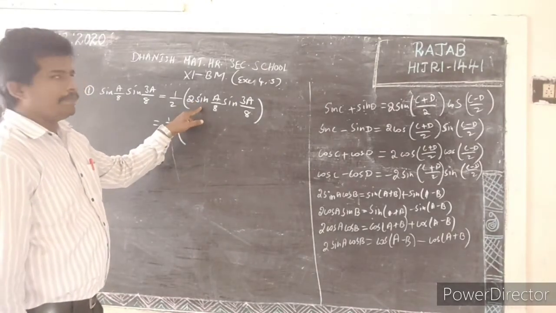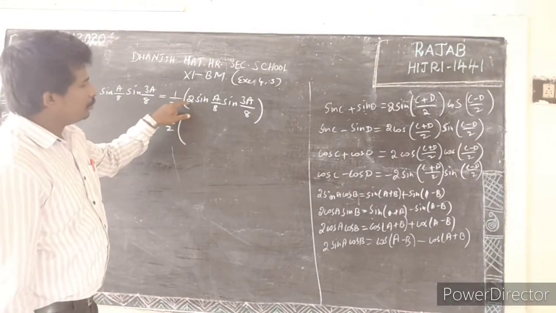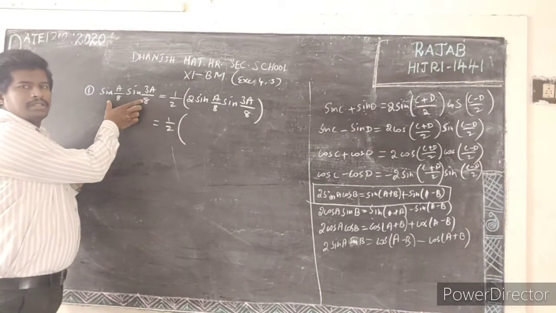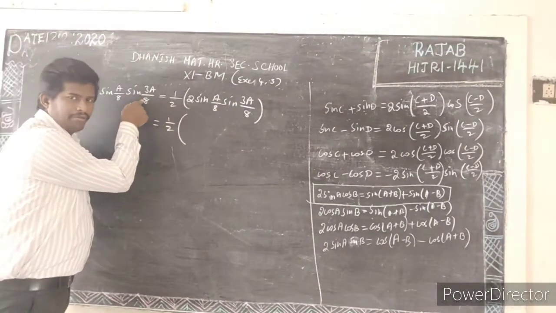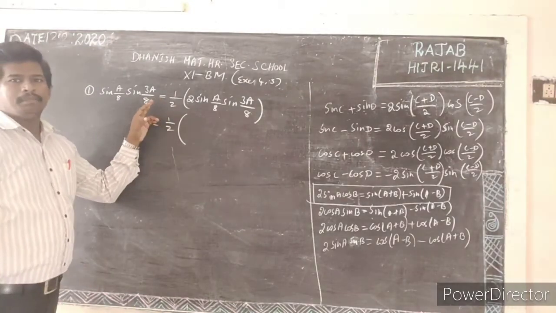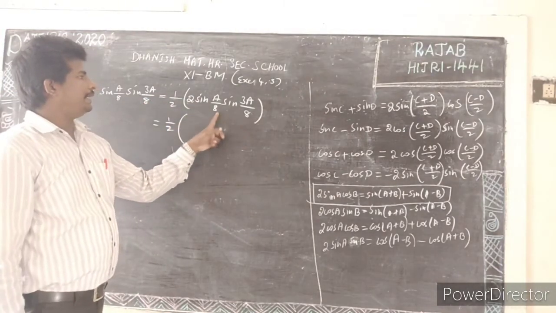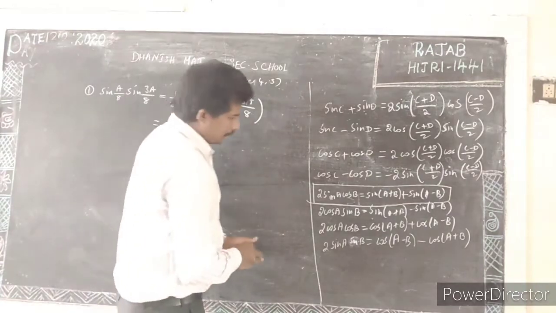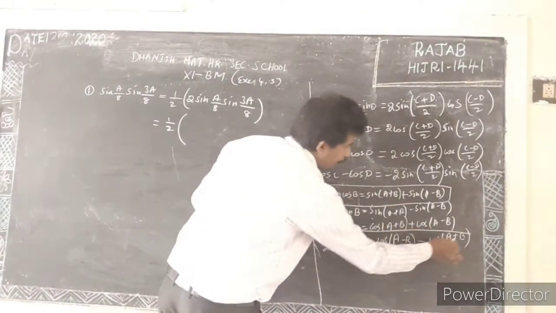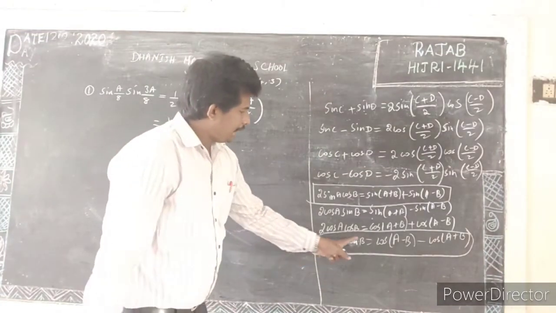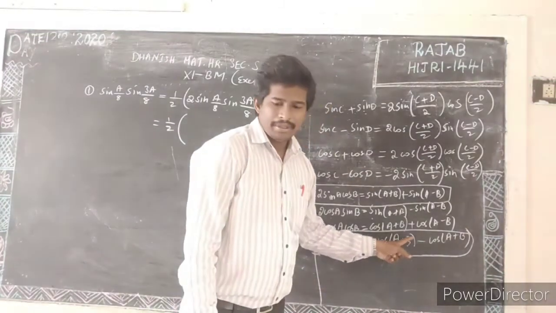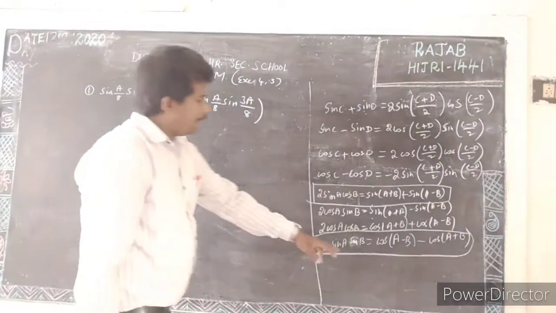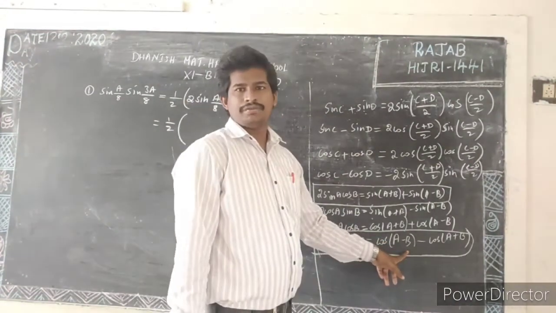This term is of the form 2 sin A sin B. Look at the fourth last formula: 2 sin A sin B equal to cos of A minus B minus cos of A plus B. So here we have the LHS of this formula, so we are going to write the RHS of the formula.